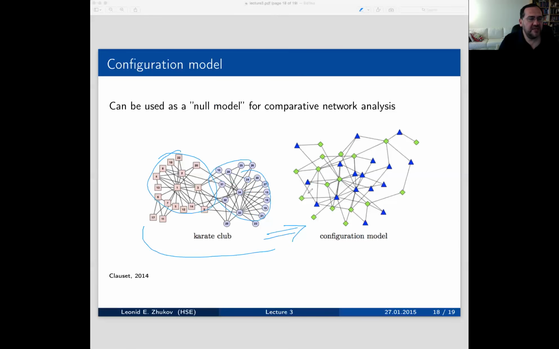This model has the same number of nodes as the Karate Club, the same number of edges, and the same degree distribution because we took all the node degrees from there. So the differences in structure are due to the fact that the model on the right is a random model, while the one on the left has some underlying process that was used to create it.